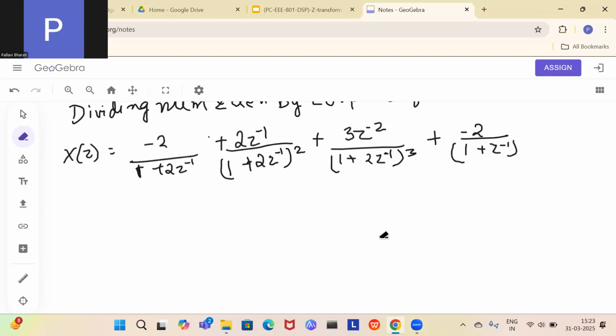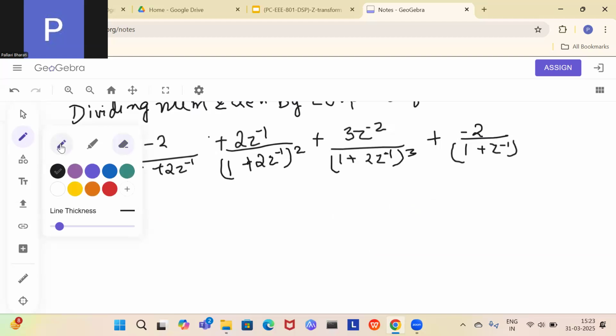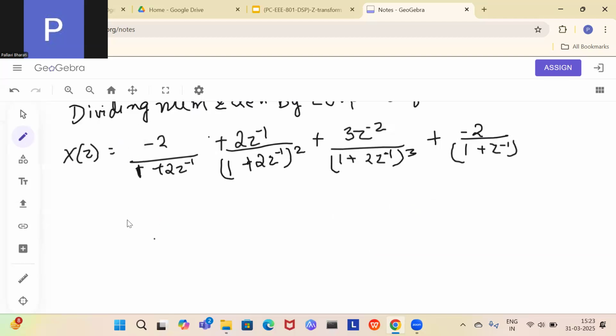So the first one is almost simple. The first one will be simply written, that is, minus 2 to the power n u[n]. Getting it? Minus 2 to the power n u[n]. So the value of a is minus 2.